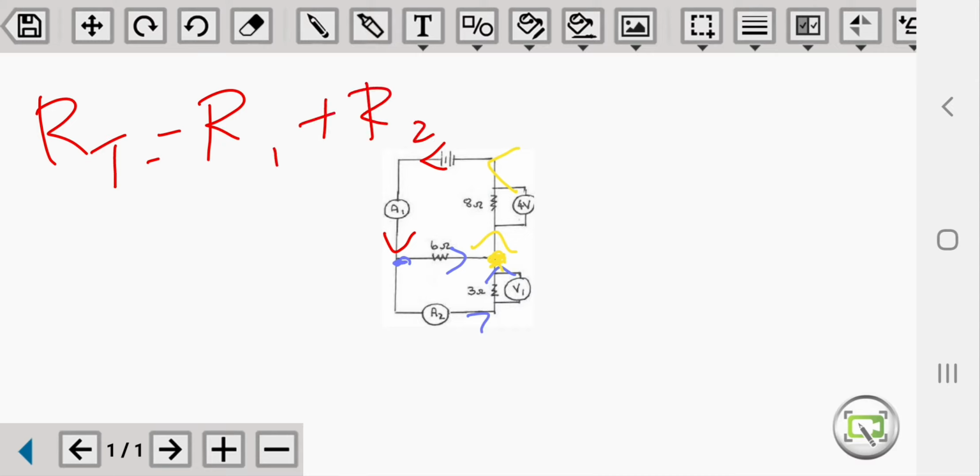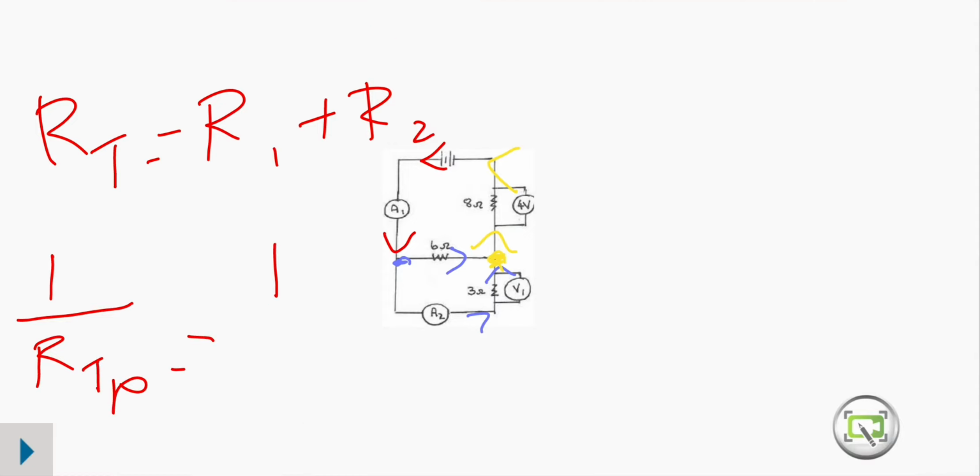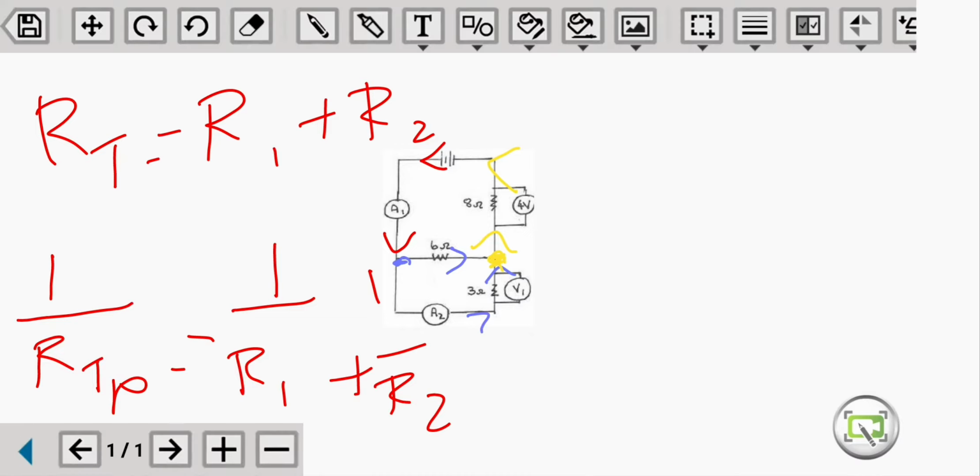For resistors in parallel, we say 1 over the total resistance in parallel is 1 over resistor 1 plus 1 over resistor 2. And then remember, when you calculate the total there, swap the top and bottom again, get the reciprocal, to work out the final total resistance. But we'll have a look at that just now.